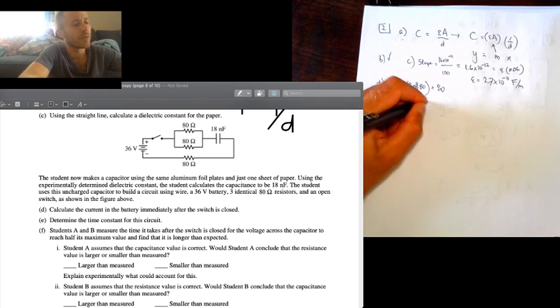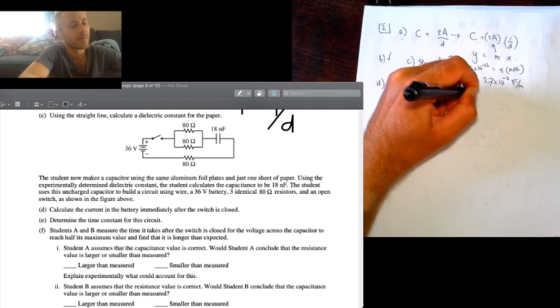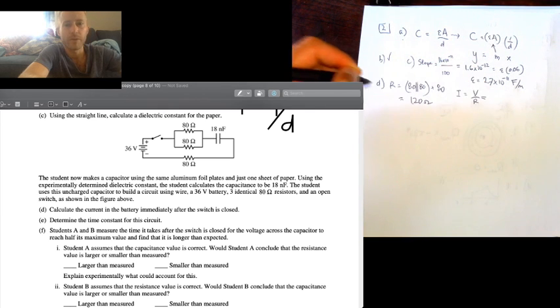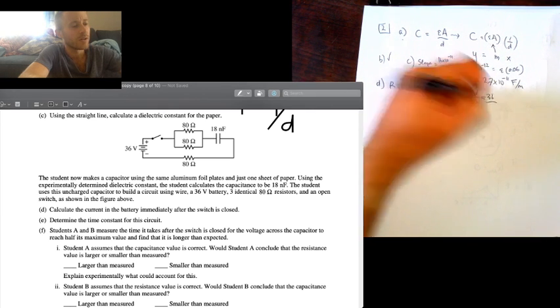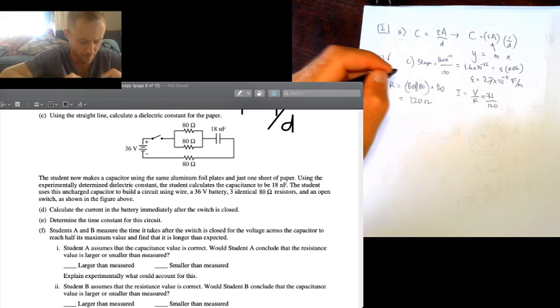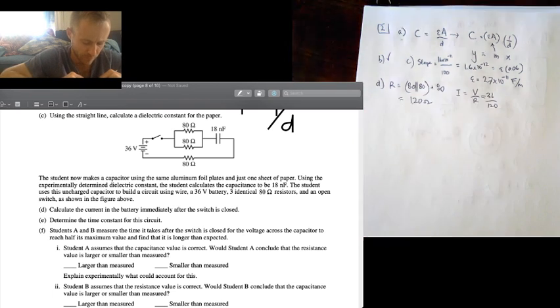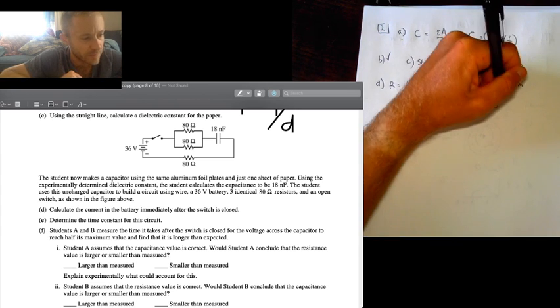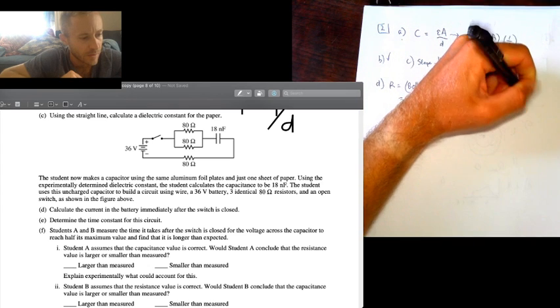And then the current would be V over R, which would be 36 over 120, which is 0.3 amps.